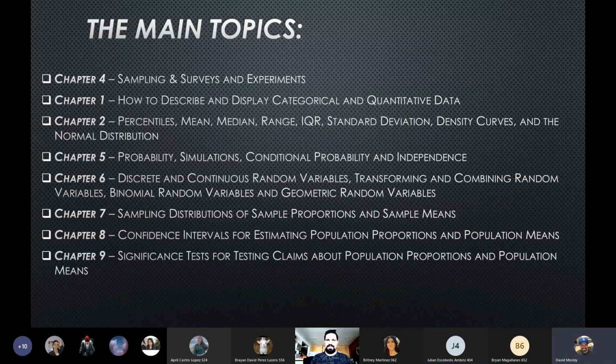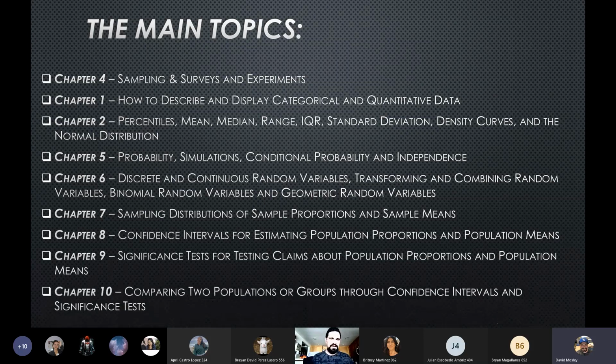Chapter 9 was significance tests for testing claims about population proportions and population means. And lastly, the chapter we just finished, Chapter 10, comparing two populations or groups through confidence intervals or significance tests. So this is all the things that we've covered so far this year. It's quite a bit.